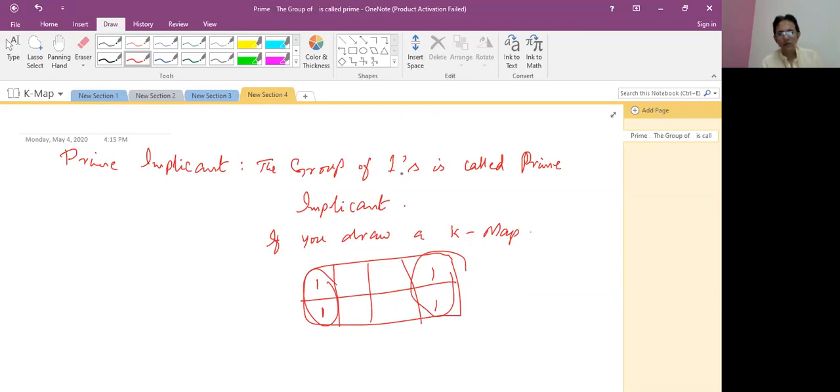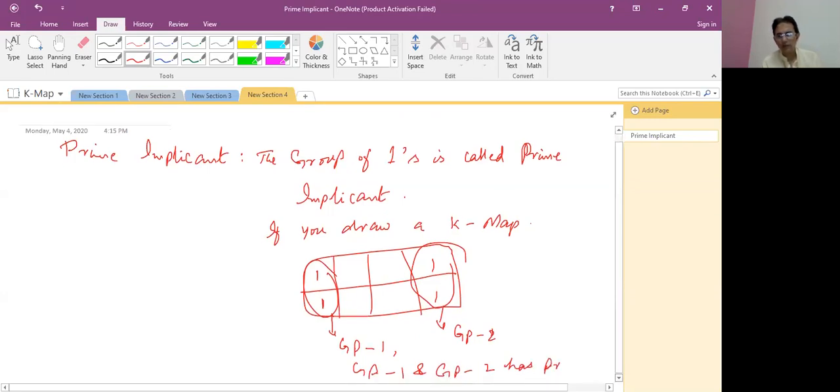So a group of ones is called prime implicant. So if you write the name group 1 and group 2, group 1 and group 2 are prime implicants.